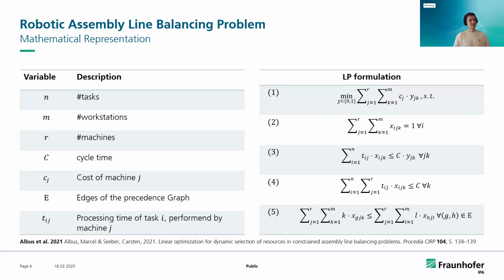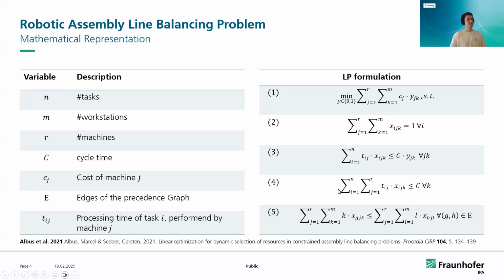There's another cycle time constraint, number 4, which checks if the cycle times per workstation are satisfied. And then the last constraint checks if the precedence graph is satisfied. This has been proven to be NP hard, which is why we were looking into trying to solve this with quantum computing.